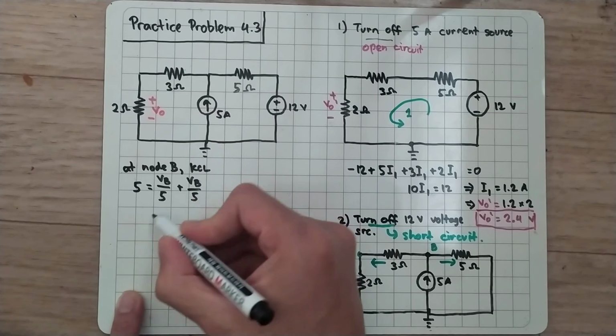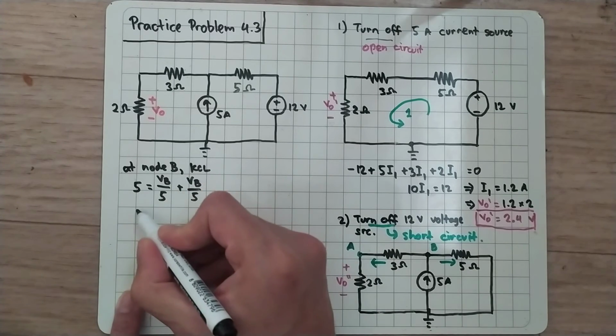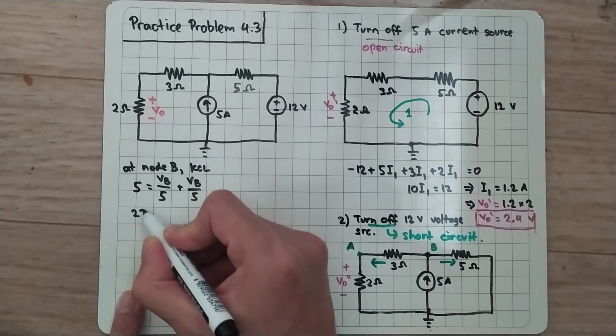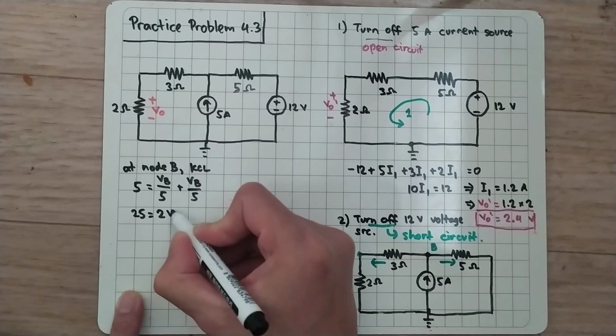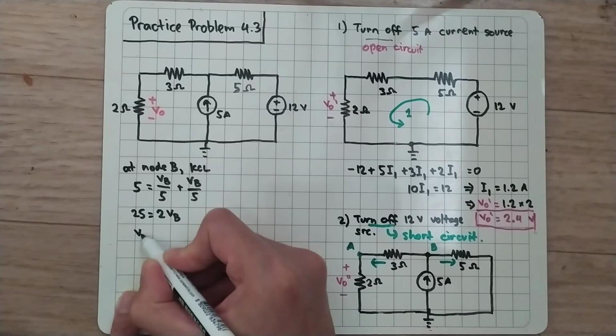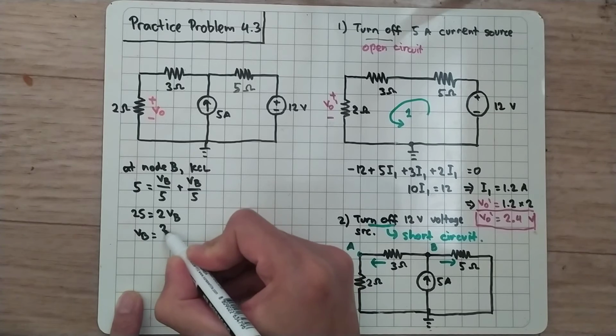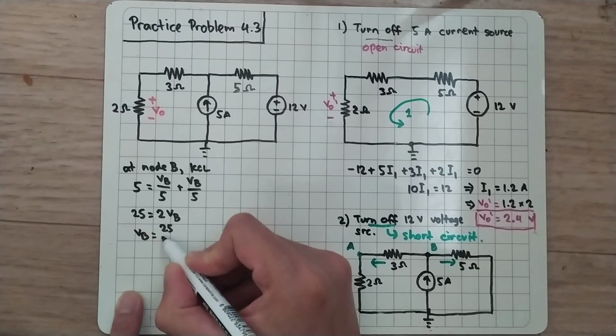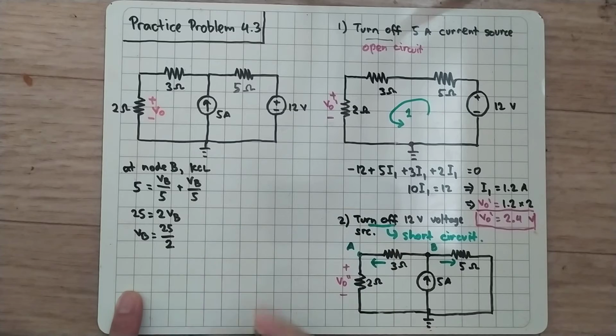So we multiply both sides by 5. So I will have 25 is equal to 2 VB. So VB is equal to 25 divided by 2 volt.